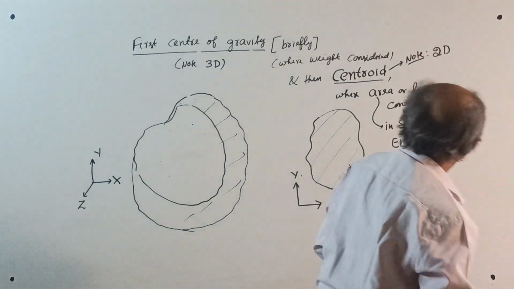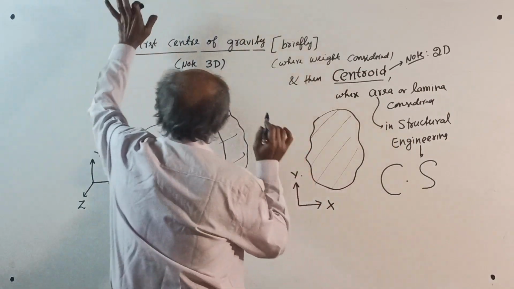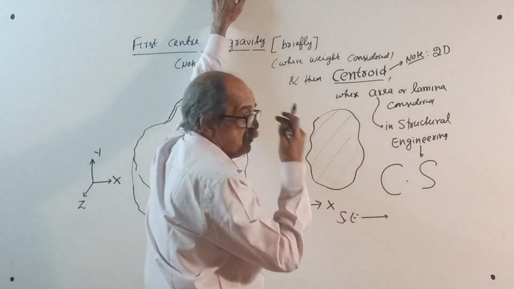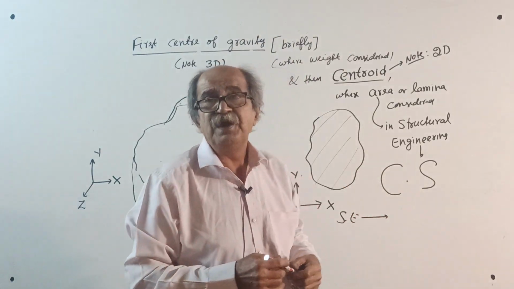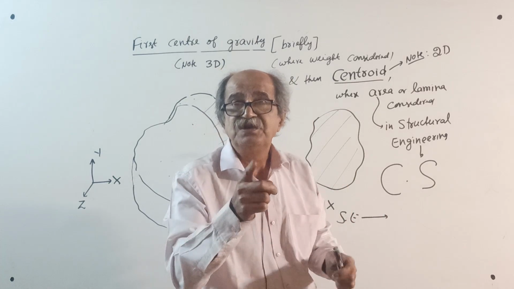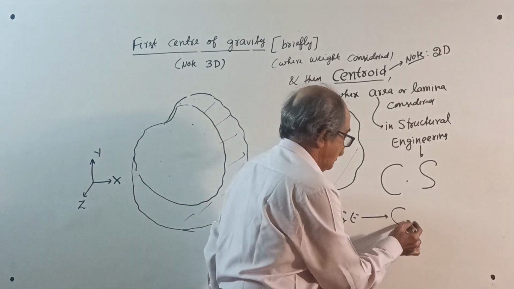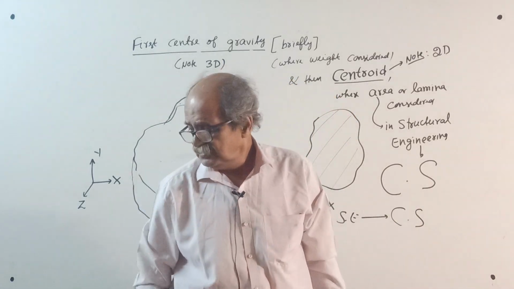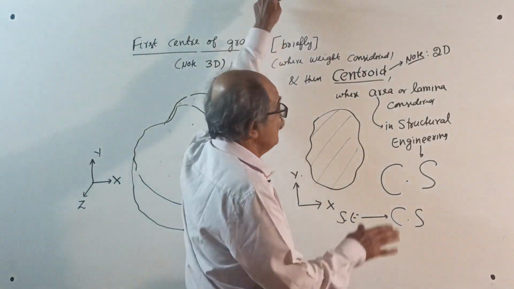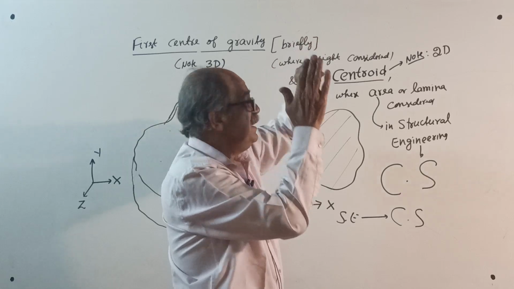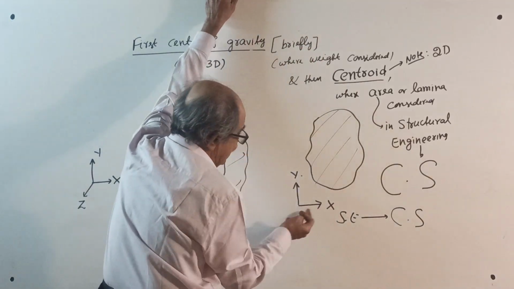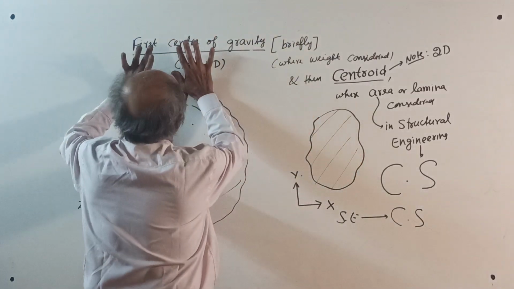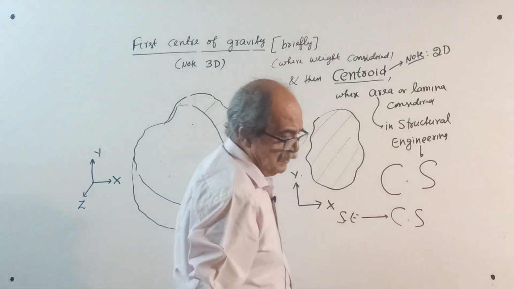Entire structural engineering, the purpose of every design engineer is to decide cross section. The reasons I will tell in the respective structural class, not here. Cross section means what? It is a plane area. Here x and y, z is not there. So this is center of gravity and centroid, briefly.